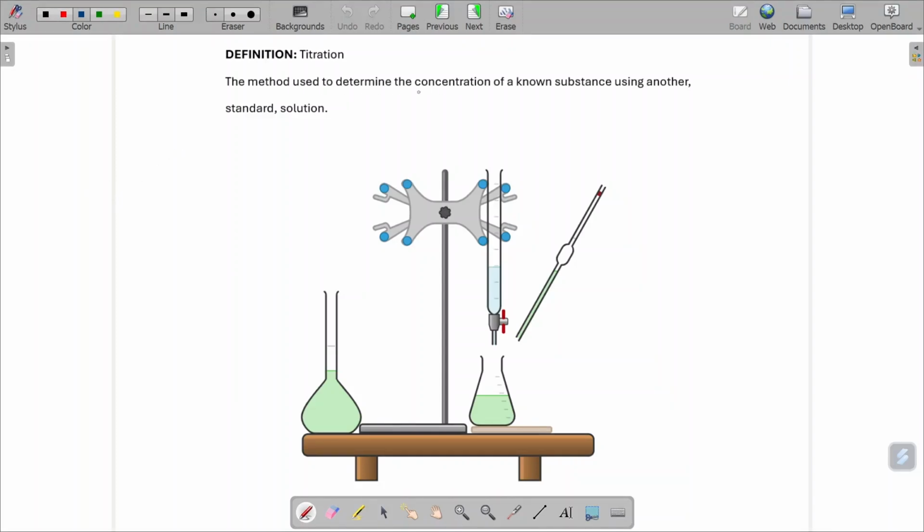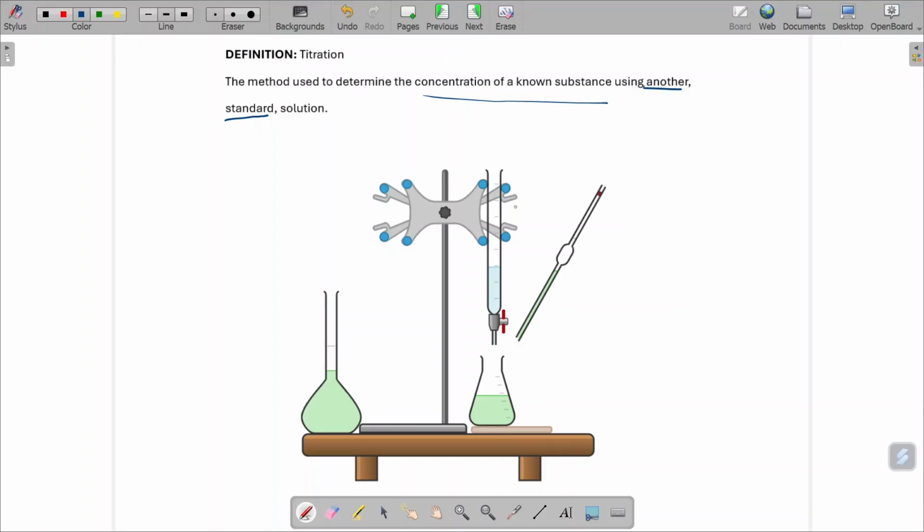So, what is a titration? Well, it's the method used to determine the concentration of an unknown substance using another standard solution. And this is why we defined the standard solution in the first place. Now, a titration reaction requires some specific equipment, and this is illustrated in the diagram here.